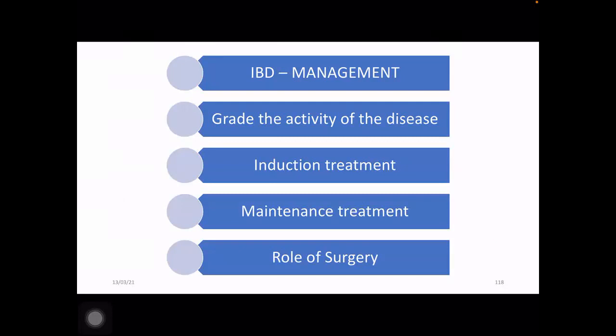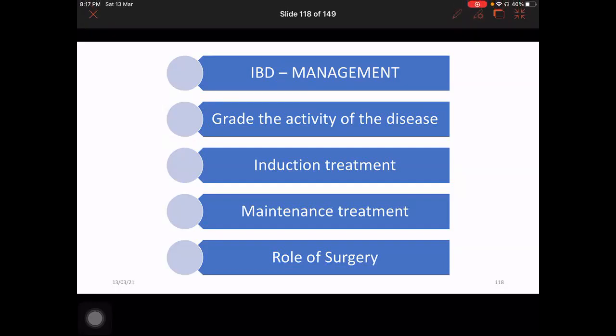Once you grade the activity, you give an induction treatment depending upon the severity: mild, moderate, or severe. Once the patient goes into remission after induction, you keep the patient on maintenance treatment. Till this point it is all medical management, and the patient will come to us only at the final stage where the patient needs surgery because he has an acute severe inflammatory bowel disease or is not able to tolerate the medications used for ulcerative colitis.